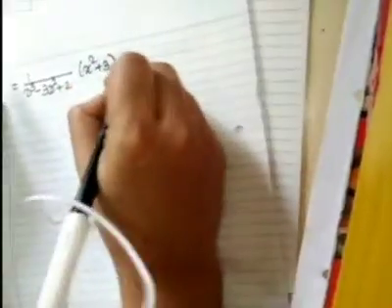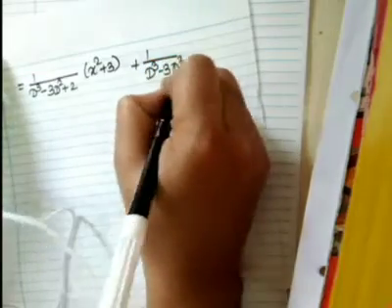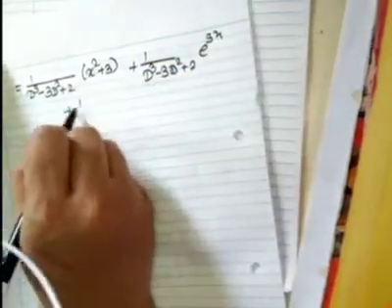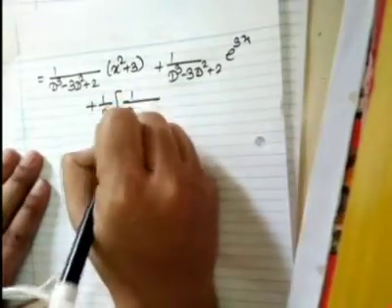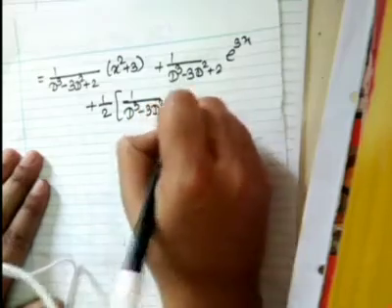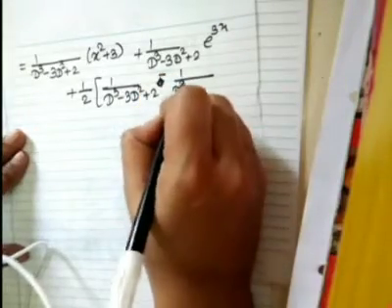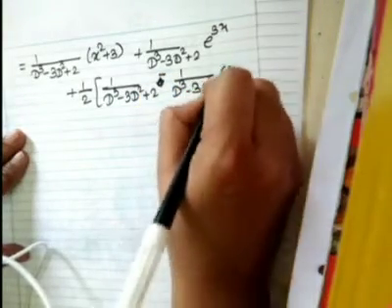It is 1 upon D cube minus 3D square plus 2 into x square plus 3, then second e raised to 3x, plus 1 half I will take out as a constant, then this into 1 minus cos 2x.